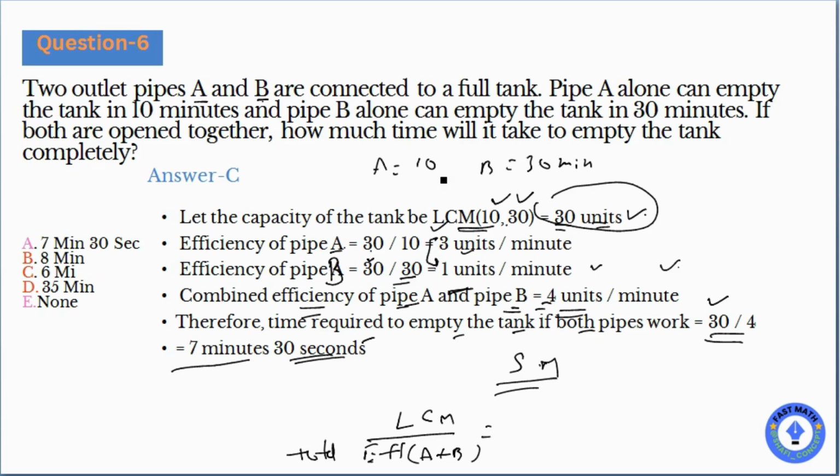You take 10 and 30, what will be the LCM? This is 30. How to calculate the efficiencies? Already we have discussed it. 30 divided by 10 is 3. The efficiency of A is 3 and the efficiency of B is 1. 3 plus 1, so it is 30 divided by 4.